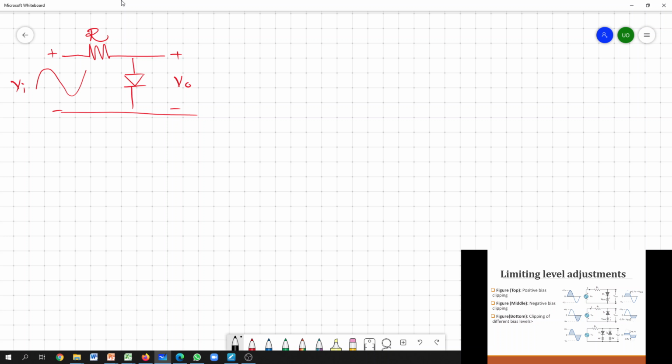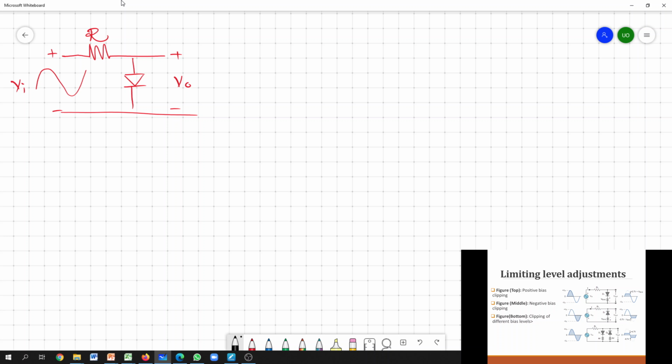Either the output clips the input during the positive cycle, or once we change the orientation of the diode, we can move it to the negative cycle. And if we introduce multiple diodes in series, we can adjust this clipping level.